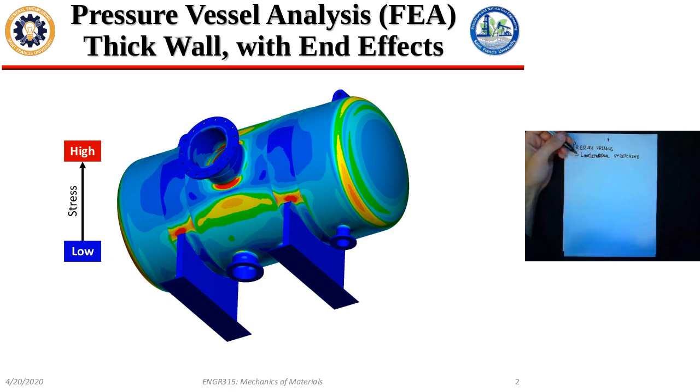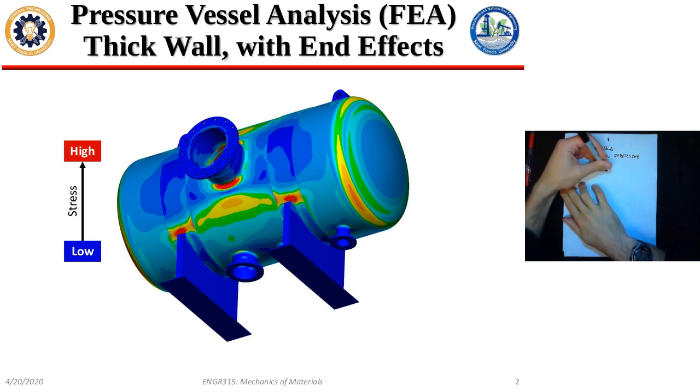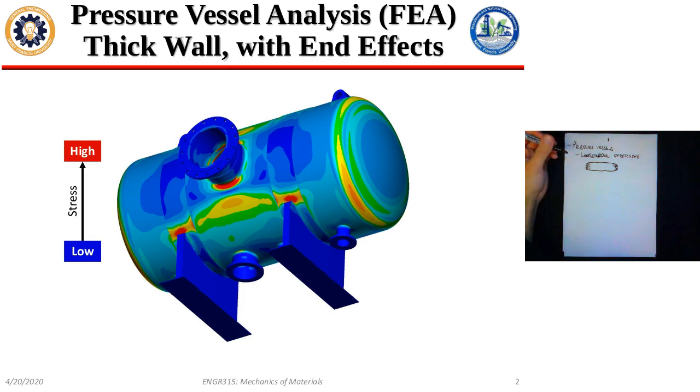So we know it's being stretched. So if I was to draw a little pressure vessel here, there's my side view of it. We know that the pressure on the inside is going like that. So I'm going to have to figure out what that's doing.